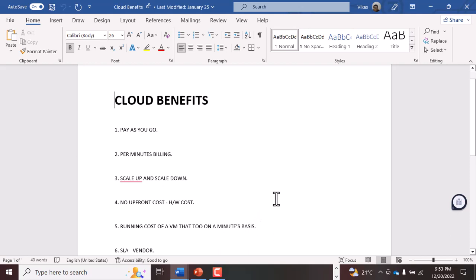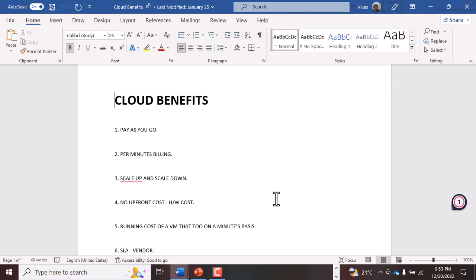Pay as you go means I'm not going to purchase any services or hardware. I'm going to use them, and whatever number of hours and minutes I use, I will pay only for that particular service. Once I'm not subscribed to any service, I'm not going to pay anything. So I pay only for what I use.